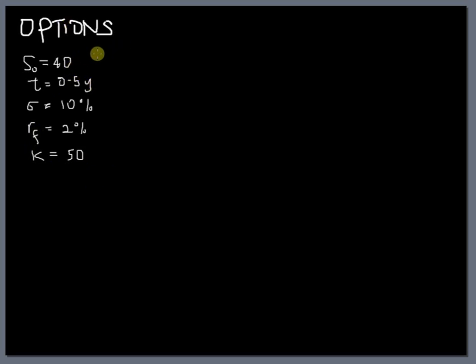Assume that this is a European option. We always start with a European option because it's simpler. You will learn later that there's not much difference between a European and American option if the option doesn't pay dividends. Risk-free rate 2%.